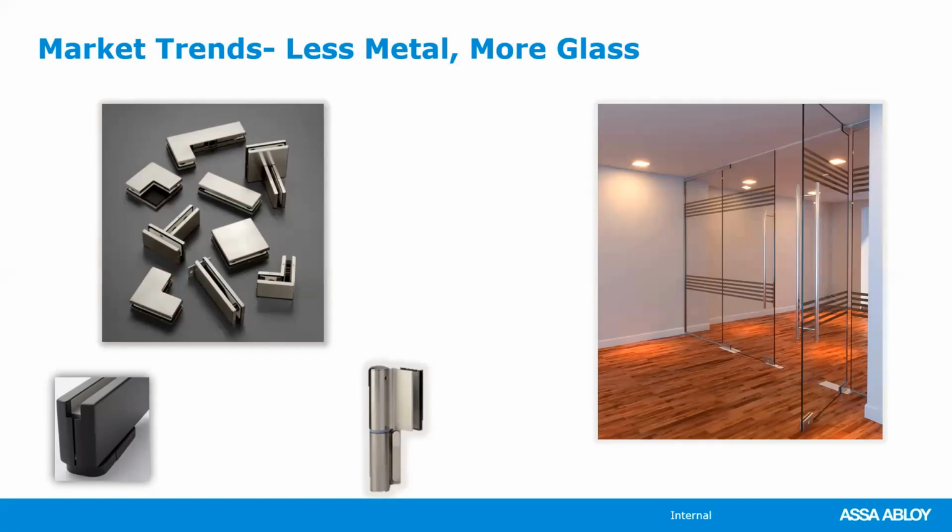There's also a lot of new things that we offer that remove the closing function of the door from, say, an overhead closer or a floor closer, and we actually embed that into the hardware itself. So if you look at the two pictures at the bottom, you'll see a hydraulic patch fitting, so essentially a closer built into the patch itself, and then hydraulic hinges. So there's a closing mechanism built into the hinge itself.